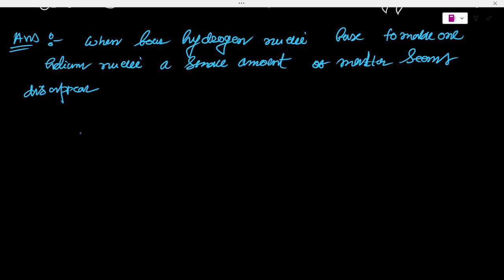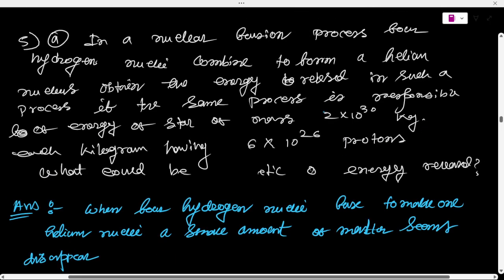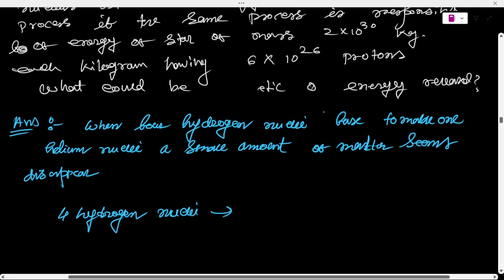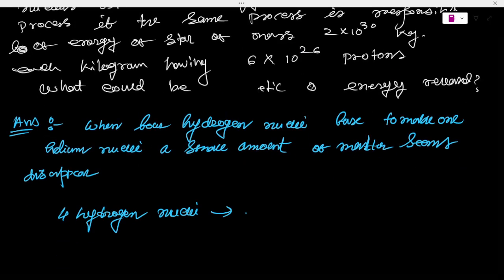So four hydrogen nuclei is equal to 6.693 into 10 to the power minus 27 kg.